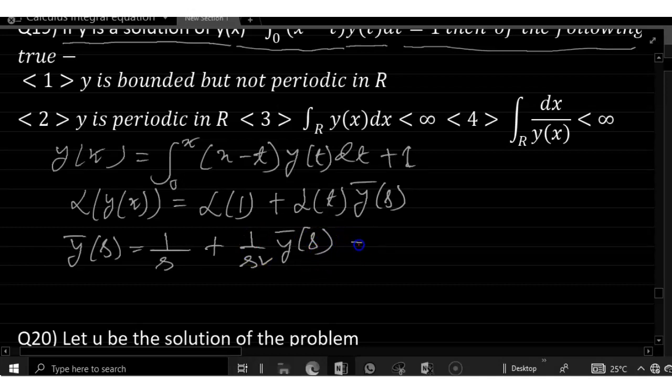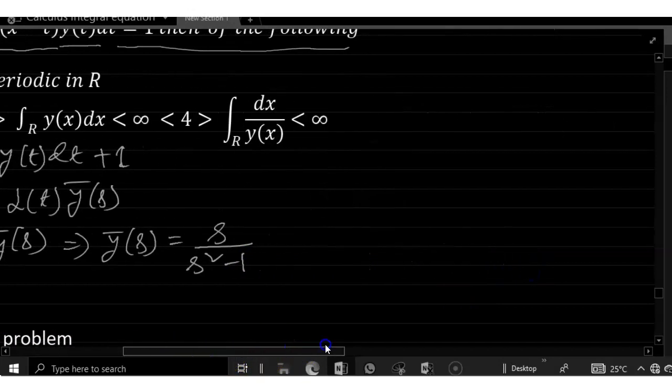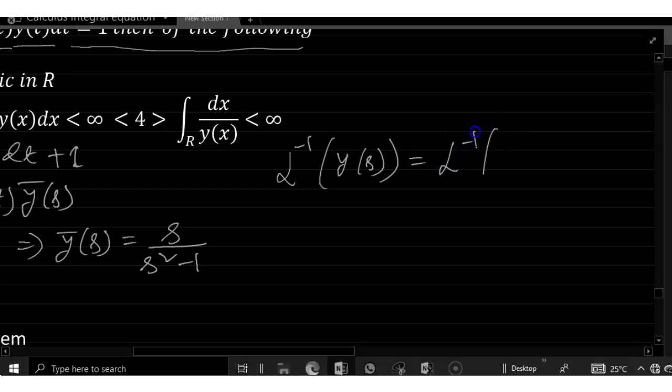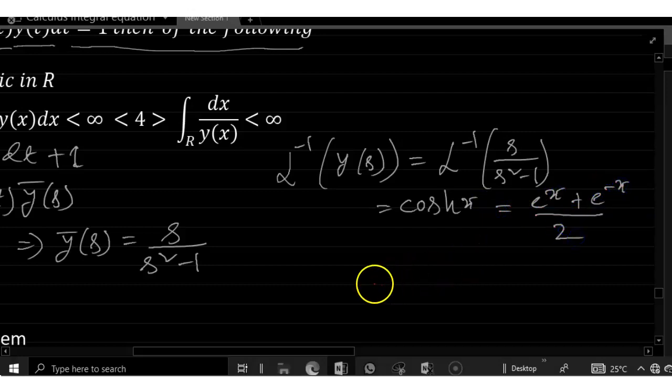So y bar(s) equals s divided by s square minus 1, and L inverse of y bar equals L inverse of s divided by s square minus 1, which is cosh x, e to the power x plus e to the power minus x divided by 2.